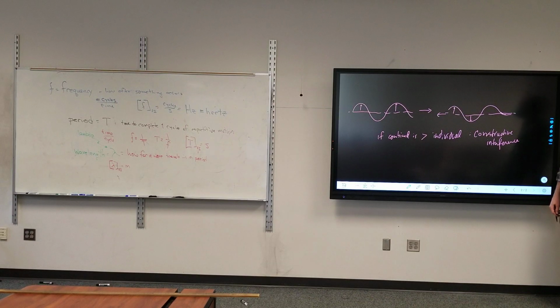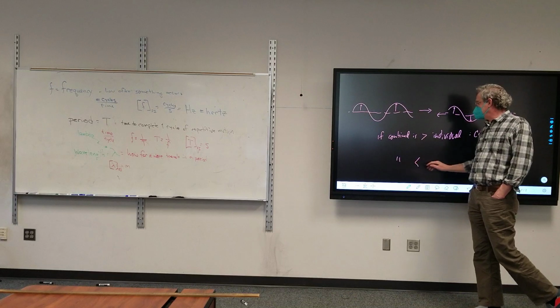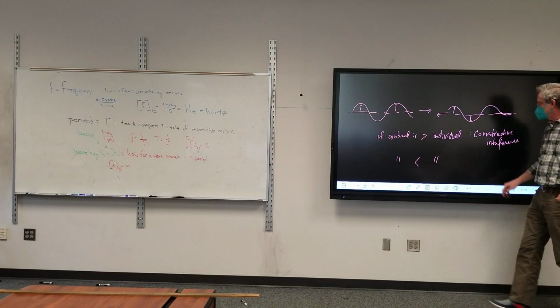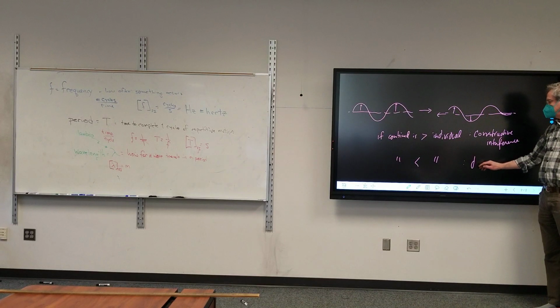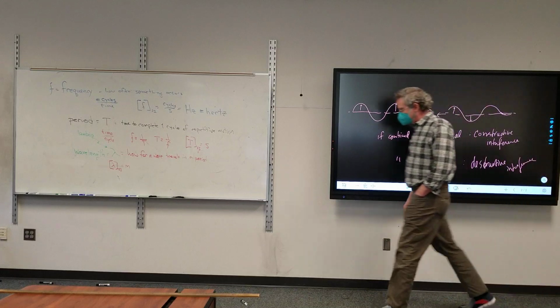If the combined is less than either individual one, what's the opposite of constructive? Destructive. Yep. If the combined is less than either individual, destructive interference.